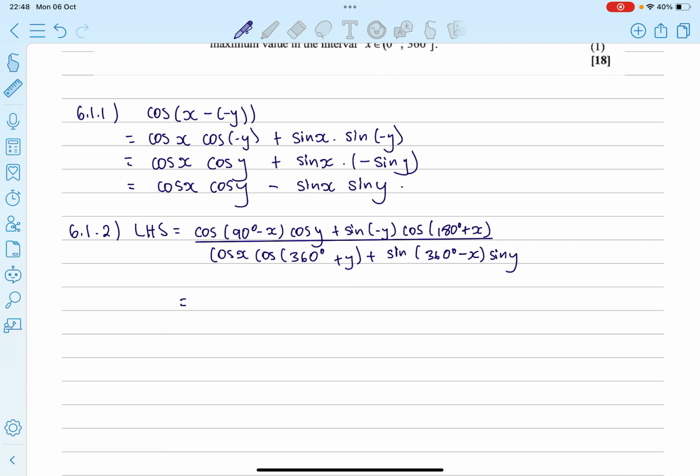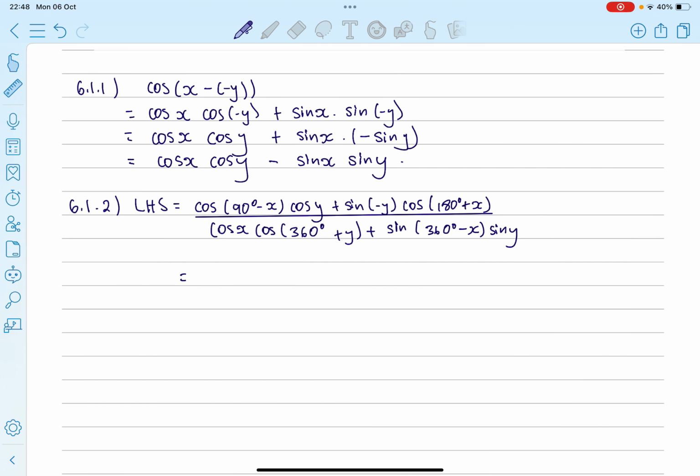Okay, let's simplify further. So starting over here with cos 90 degrees minus x, that's reduction formulae, or a step further is actually co-functions, also known as co-ratios. So then cos 90 is in the first quadrant, which gives us sine x.